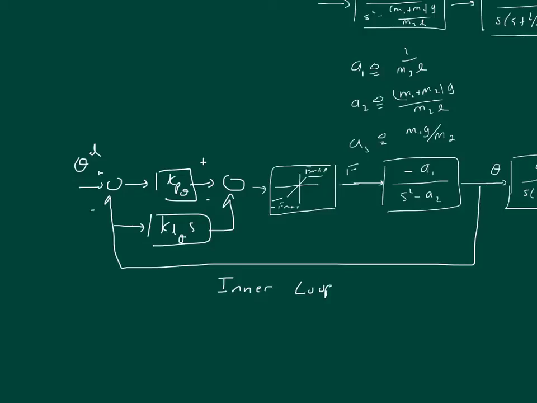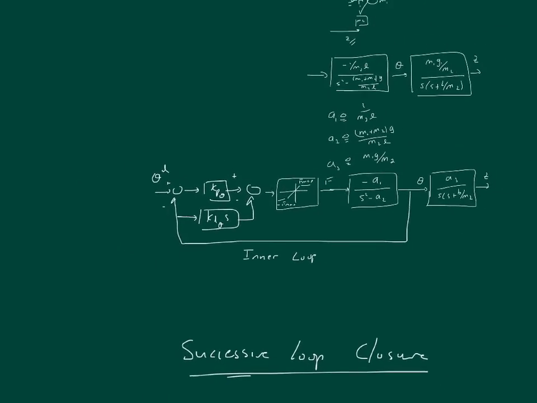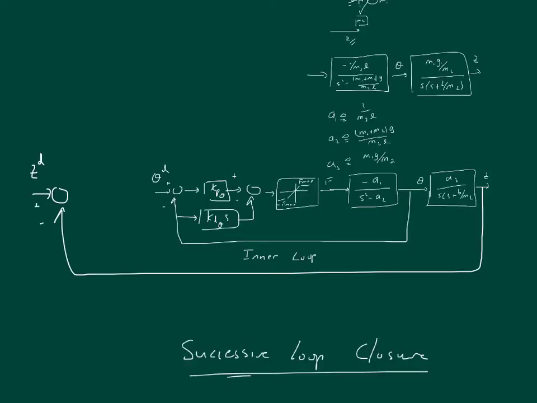We'll do a PD control for the inner loop, and then if the inner loop is much faster than the outer loop, we can replace the inner loop by its DC gain and then do a subsequent design on the outer loop. And the design on the outer loop will be, again, to wrap PD control. So if this is our desired cart position, we'll wrap feedback in this way.